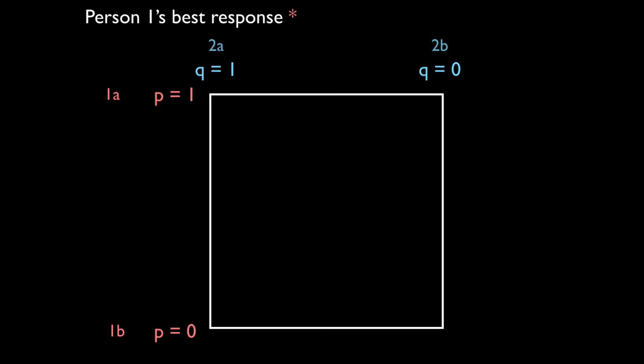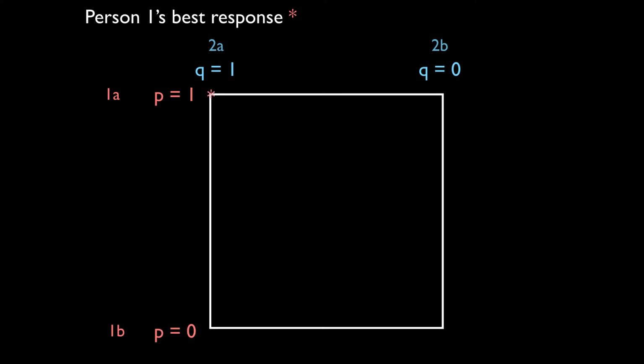If person 2 plays Q equals 1, that is playing A all the time, what is 1 going to do? 4, right? 4 is better than 1. So 1 can choose any one here, and the best one is the 4. So I'm going to put a star there. What if 2 plays this?